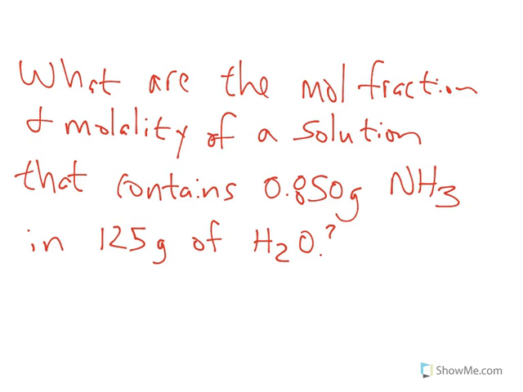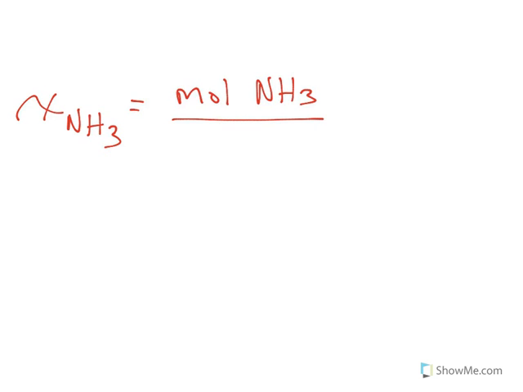And we're going to take these one at a time. So if we're going to look at the mole fraction of ammonia, so chi NH3, that's going to be the mole of ammonia over the mole of ammonia plus mole of water.